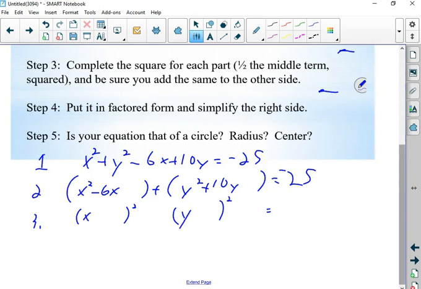Well, half of negative 6 is negative 3. Half of positive 10 is positive 5. Now, we're going to square and put that number up here. So negative 3 squared is positive 9. And 5 squared is positive 25.